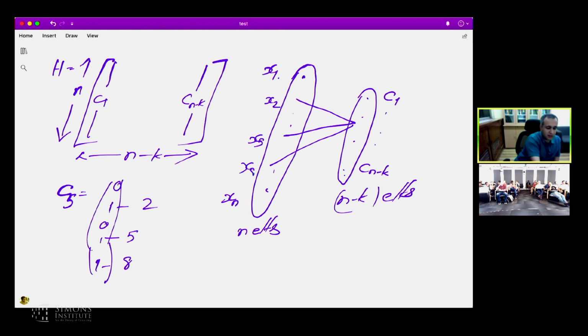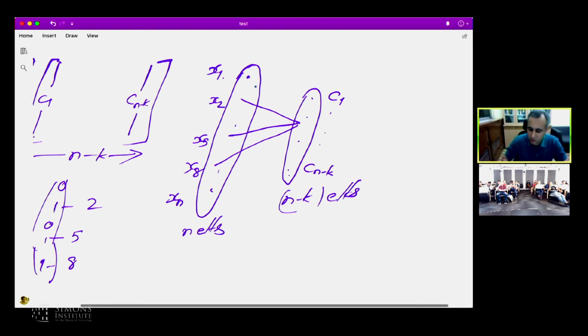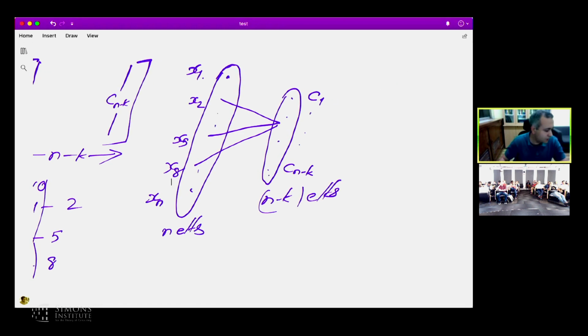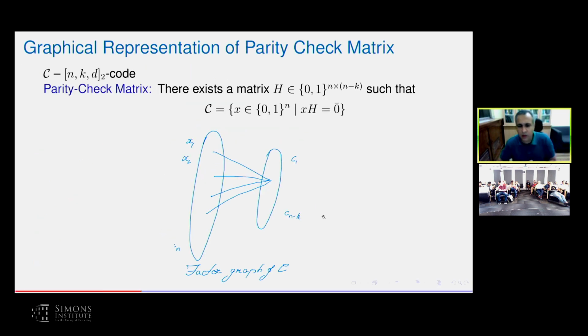So it's just a graphical representation of the parity check matrix. I'm spending too much time on something extremely simple. And this is in fact called the factor graph of the code.